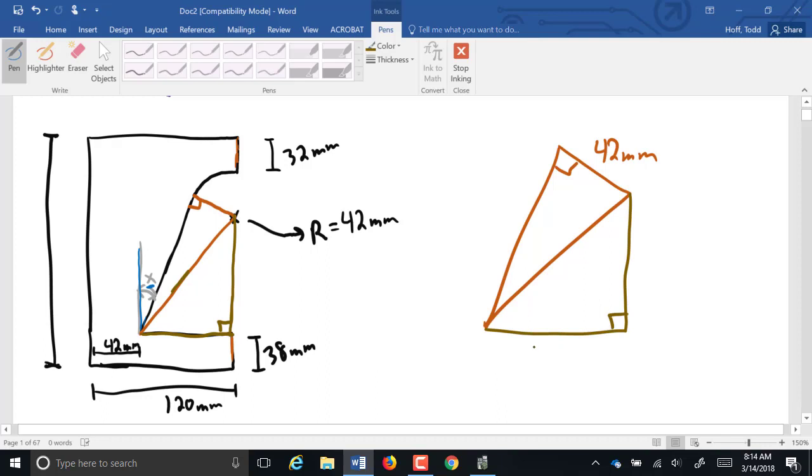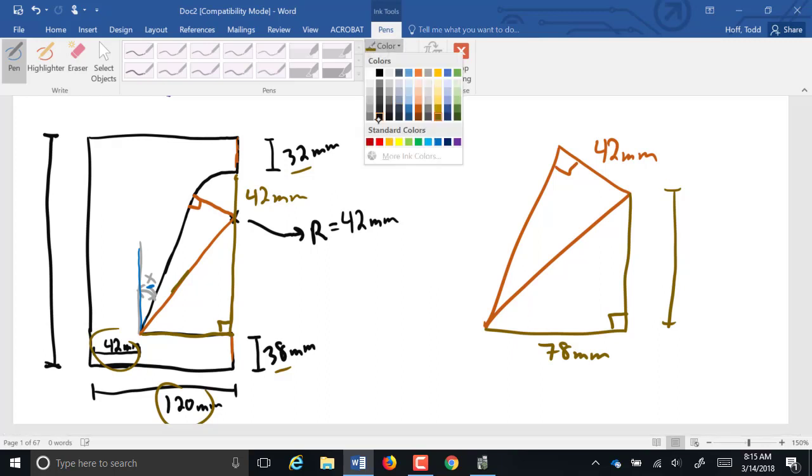And I can find that by subtracting the 42 from the 120 down here, which gives this, what, 78 millimeters? But I can also find this. I've got 38, 32. This is still a radius of the circle. That's 42. So that's what, 70, 112.